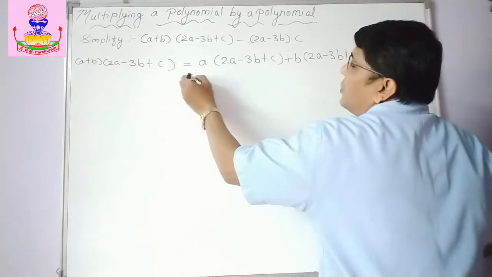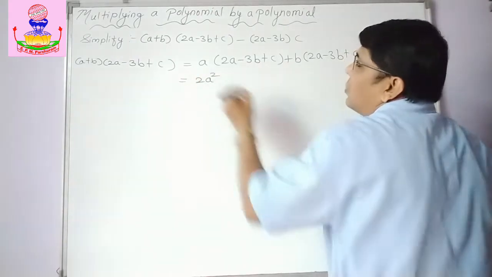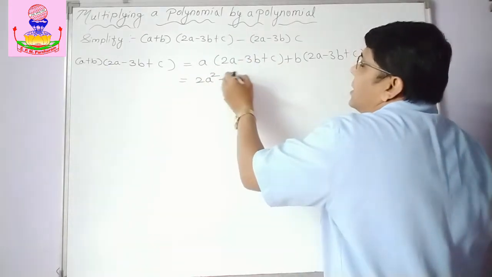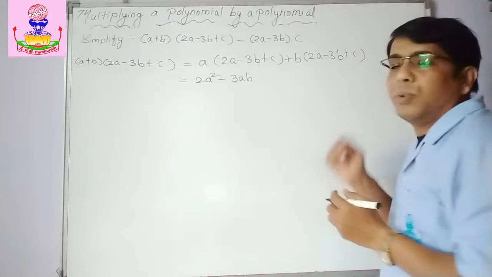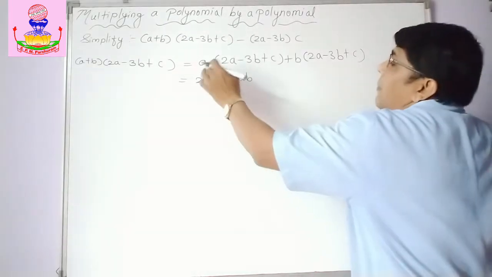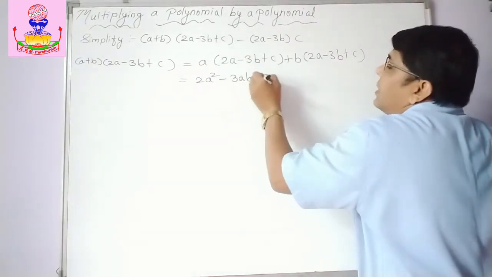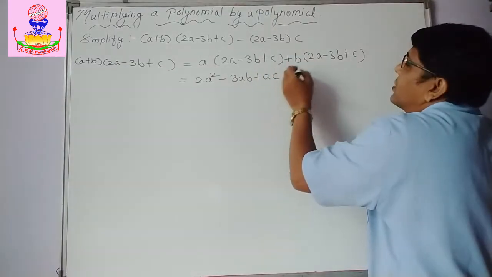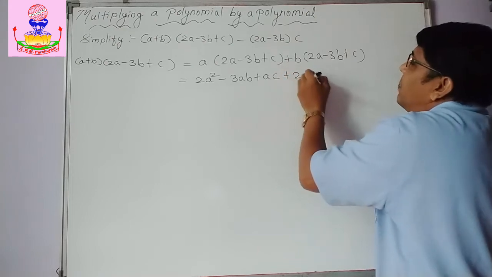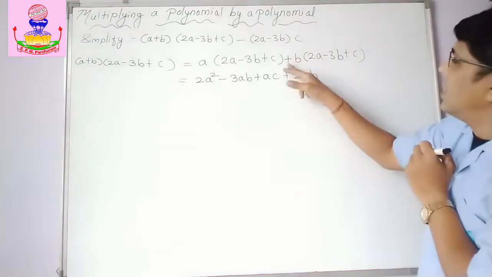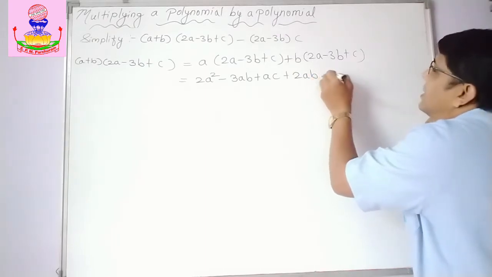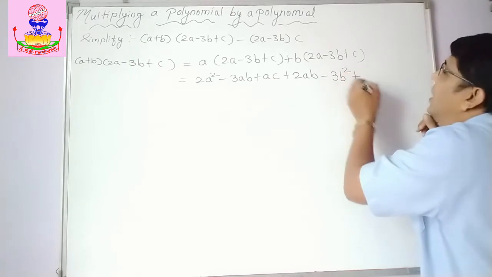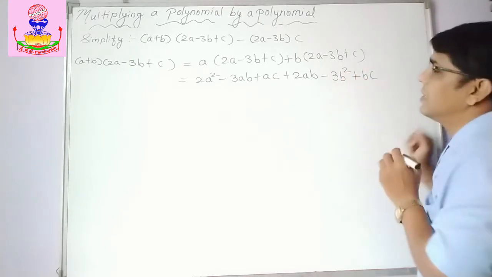Now we are experts, so directly 2a into a, 2a square, plus into minus, minus 3b into a, that is 3ab, plus into plus, plus a into c, ac. Okay, plus into plus, plus 2a into b, 2ab. Okay, now plus into minus, minus 3b into b, b square, plus into plus, plus b into c, bc.